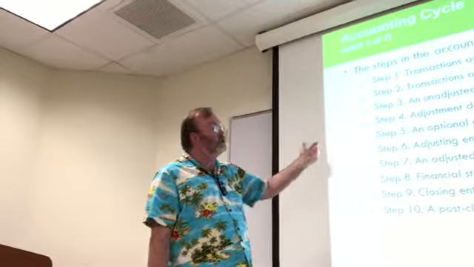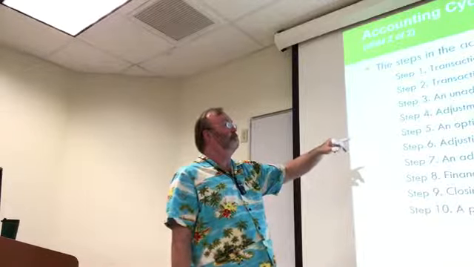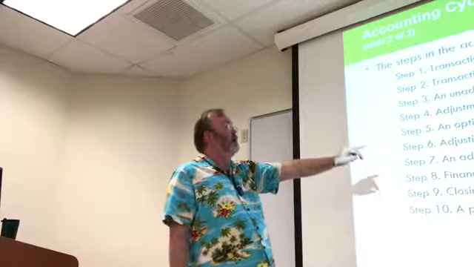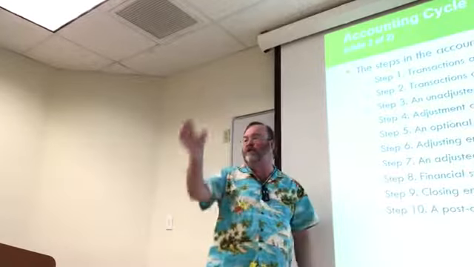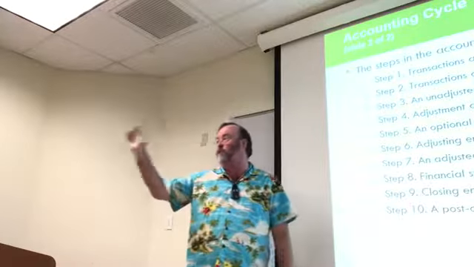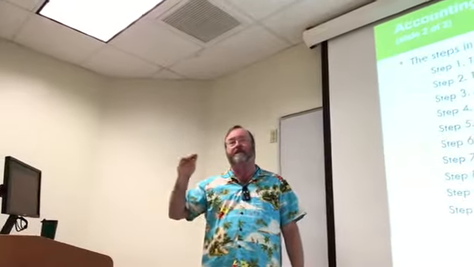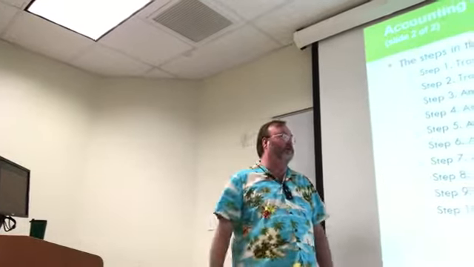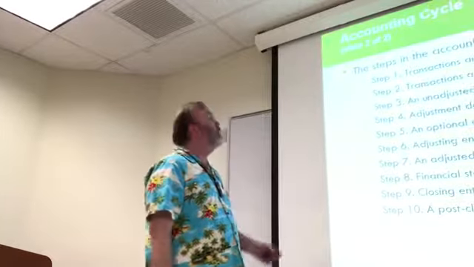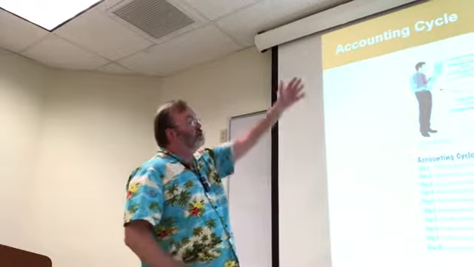Then you have the adjusted trial balance, and financial statements are then prepared from that adjusted trial balance. You split them between the 2 major financial statements, the income statement and the balance sheet, and then prepare the financial statements. All right, so here's the whole thing.